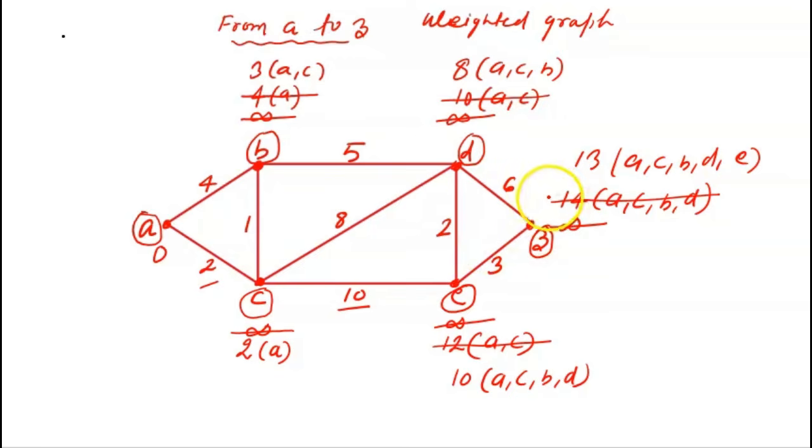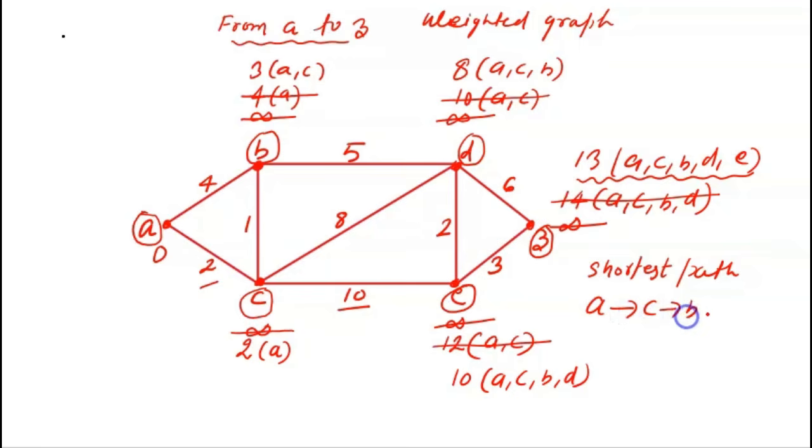So what we have got in the end is the shortest path, right? What is the shortest path? We started from A, went to C, then to B, then to D, then to E, and finally we arrived at Z. If I put the arrows on the edges here, that will be easier to understand.